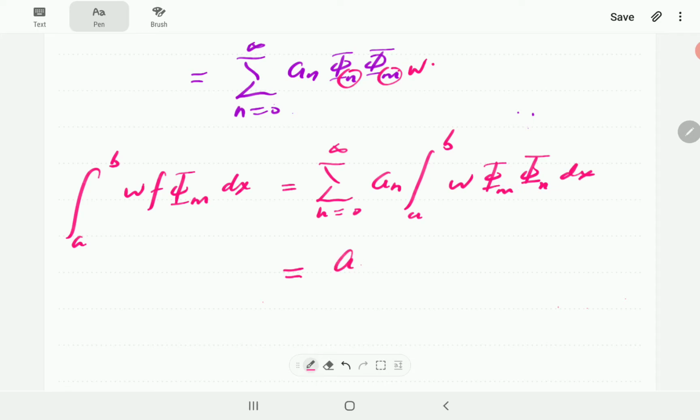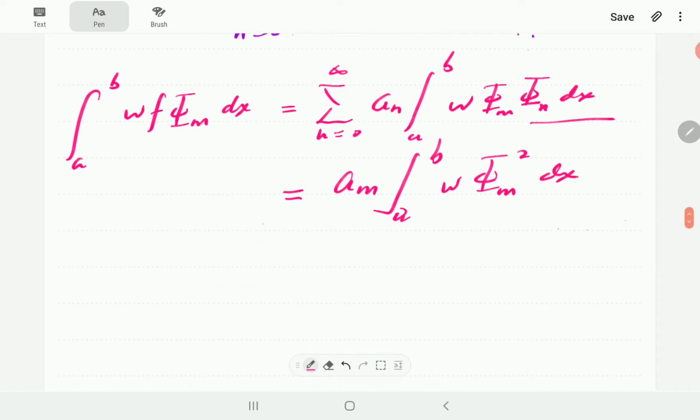So for that case, we're going to write am times the integral from a to b of w times phi m squared dx. That's the only term that survives in this summation.